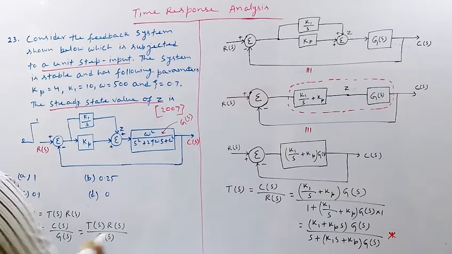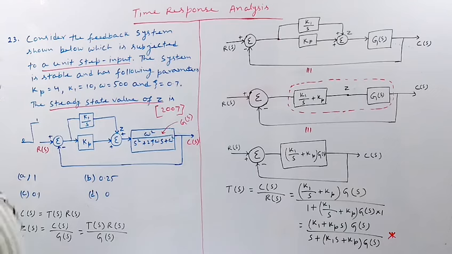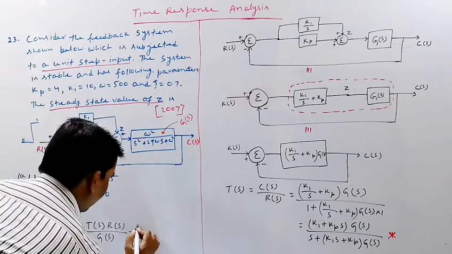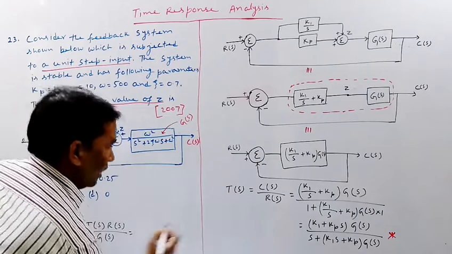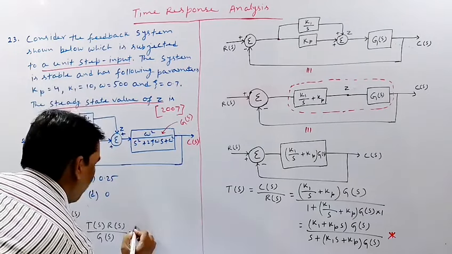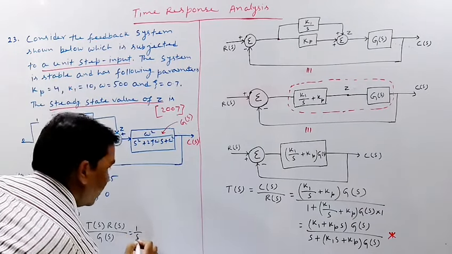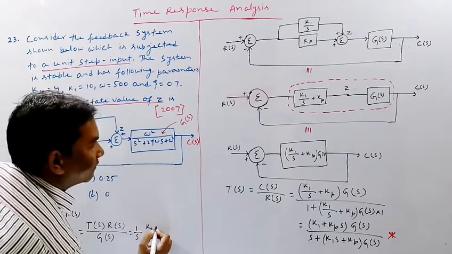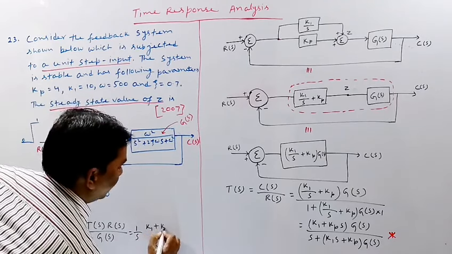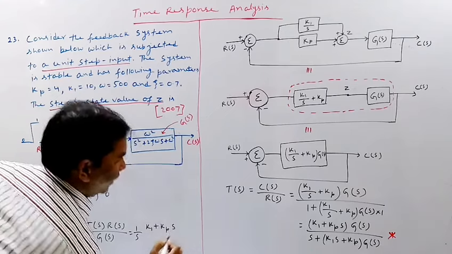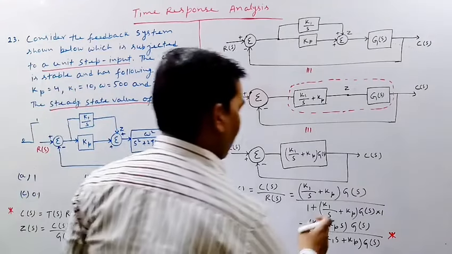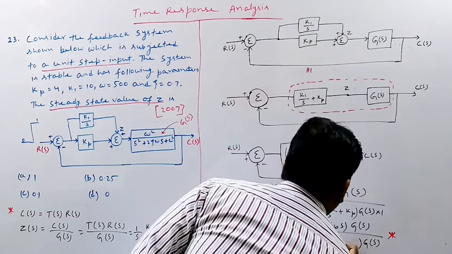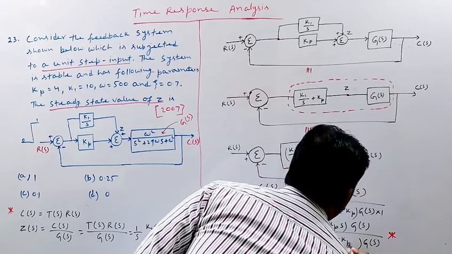So RS will be 1 by S. TS is given, and RS is 1 by S. So TS is K1 plus KpS over, and here it will also be K1 plus KpS. I have written it wrongly, so K1 plus KpS will be here.